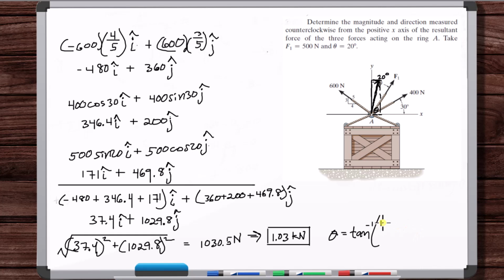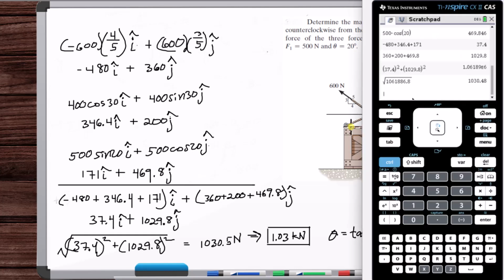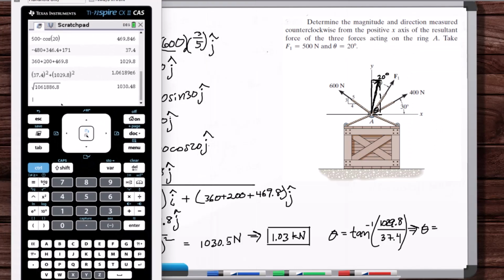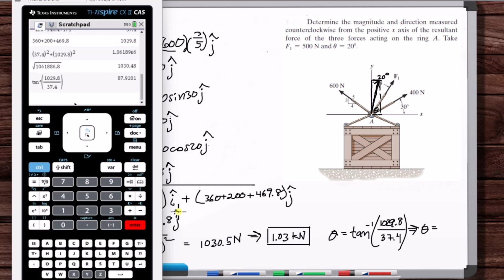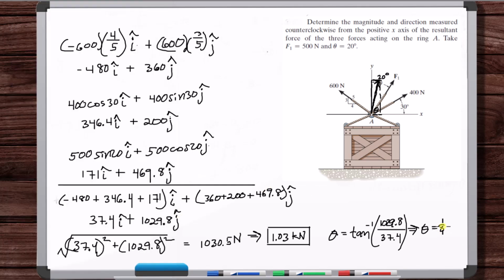So 1029.8 over 37.4. Okay, so 1029.8 divided by 37.4, 87.9.